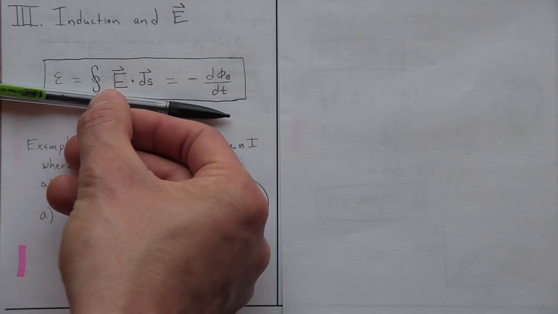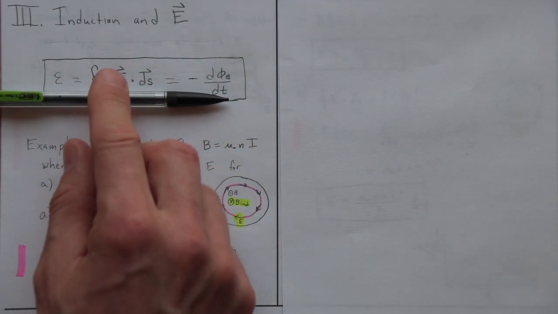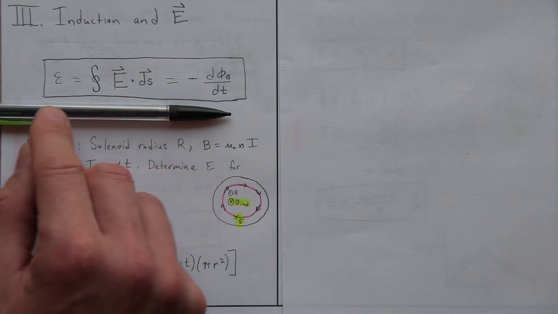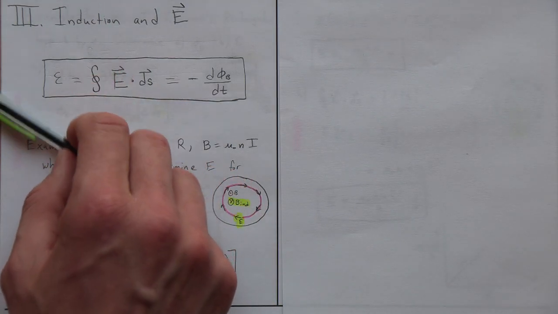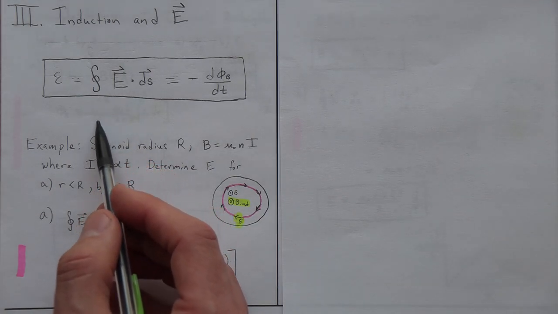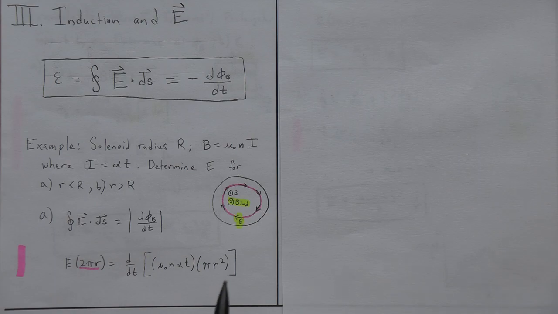If the electric field runs along the integration, then the dot product is E ds, cosine 0 degrees, that integral is non-zero. So a voltage is an electric field running along the loop, driving the charge, making a current.